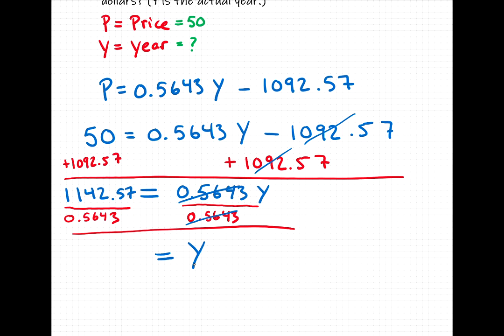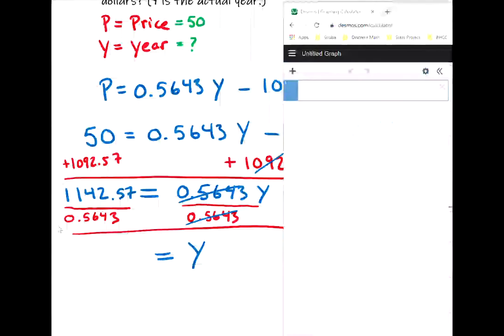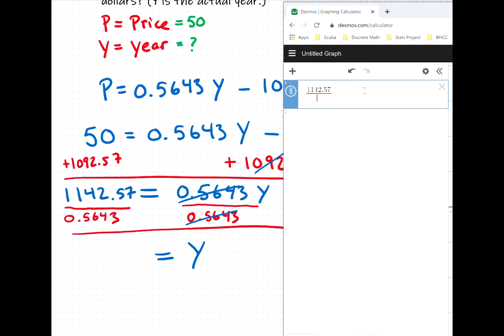And I'm going to pull up the Desmos calculator to do the calculation on the left. All right, so let me enter it over here on the calculator, 1142.57, and that's divided by 0.5643. Okay, so now you see a decimal here.